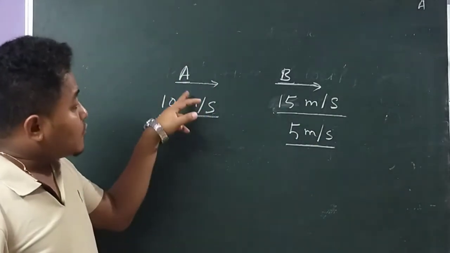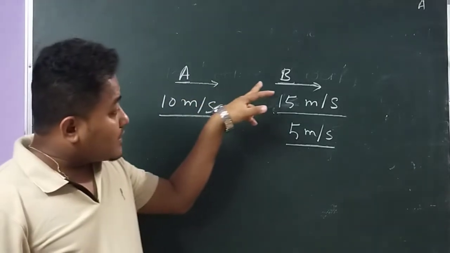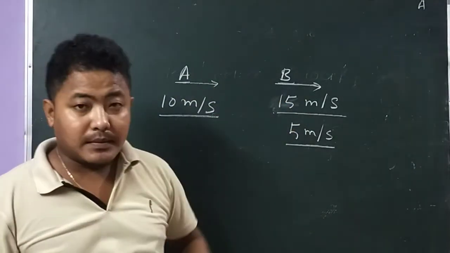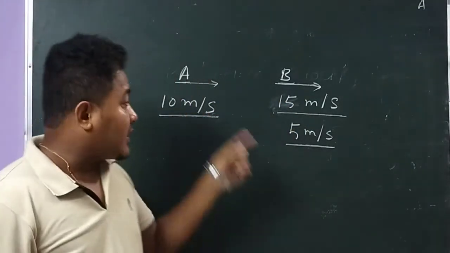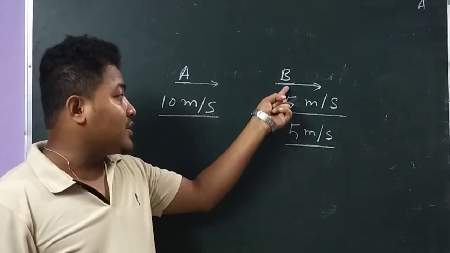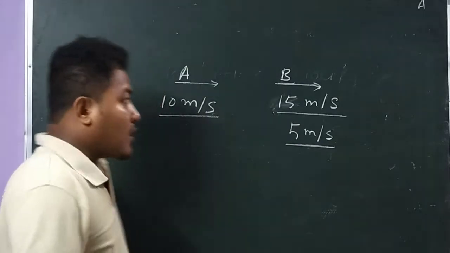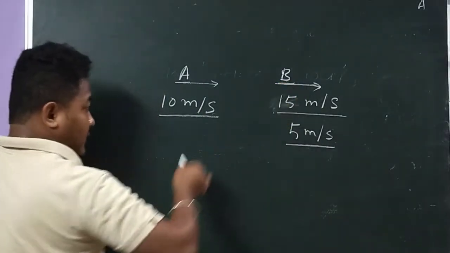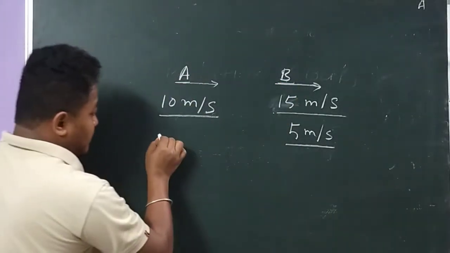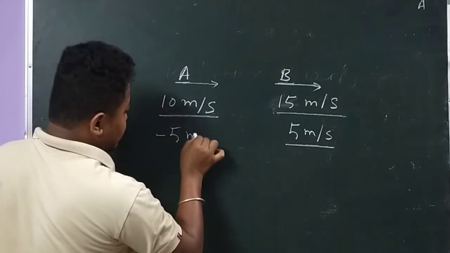But once body A compares with object B, A will find that body B is moving at 5 meters per second velocity. And what will B think? B will find that body A is moving with minus 5 meters per second.